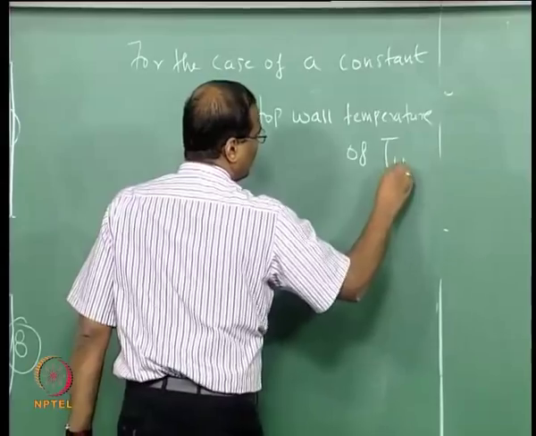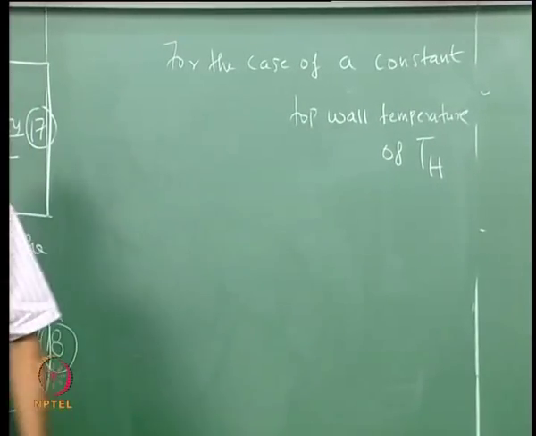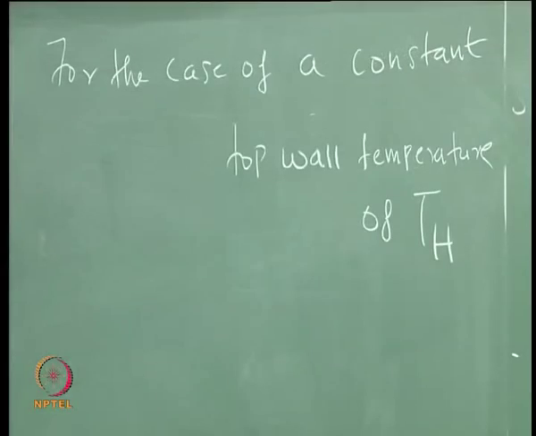For a constant hot wall temperature of TH at the top, Tc is the cold temperature at the three sides.